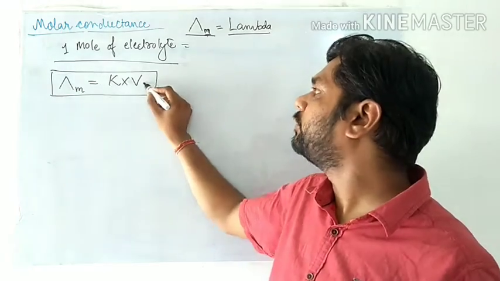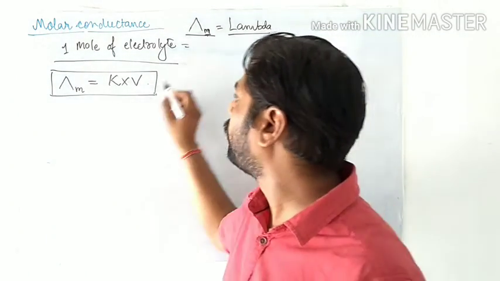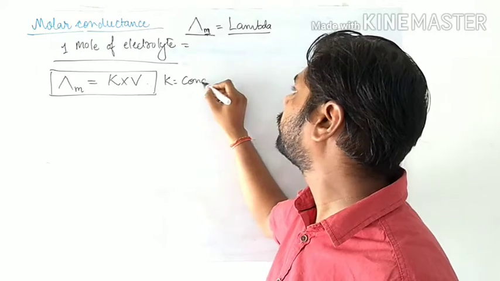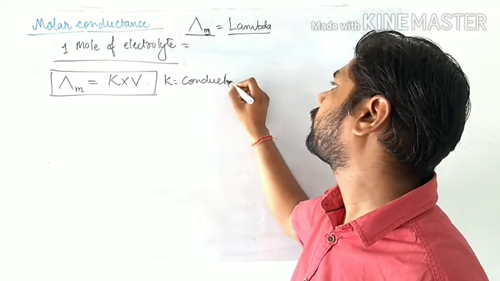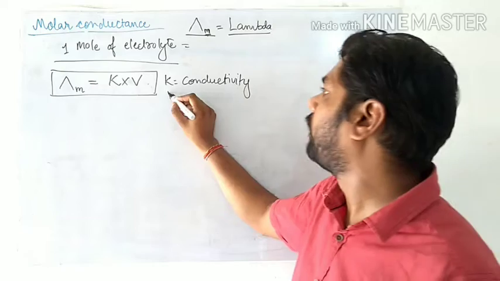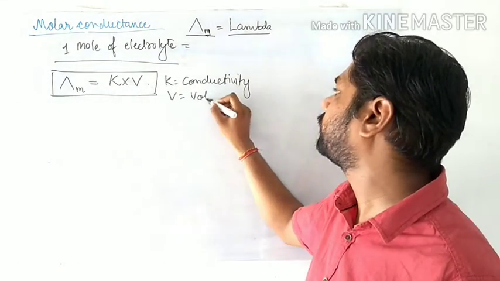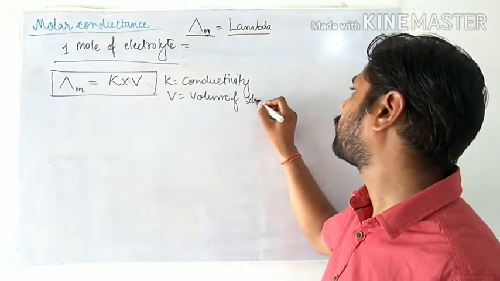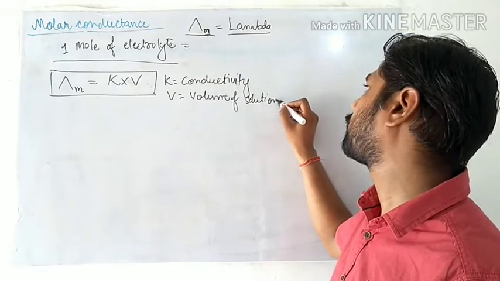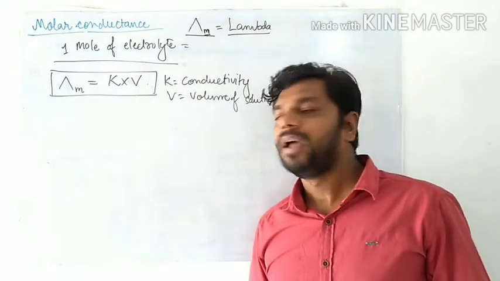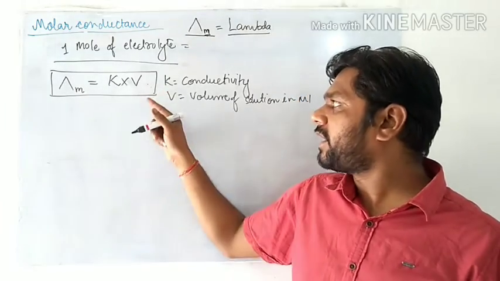Kappa, I told you, is called conductivity or specific conductance, and V is the volume of solution in ml.